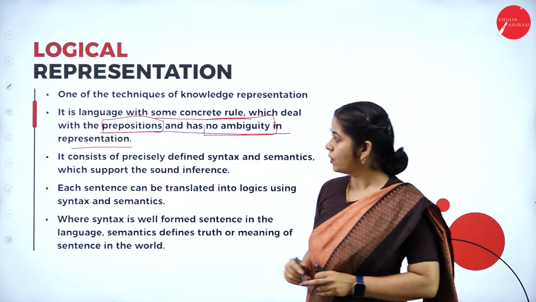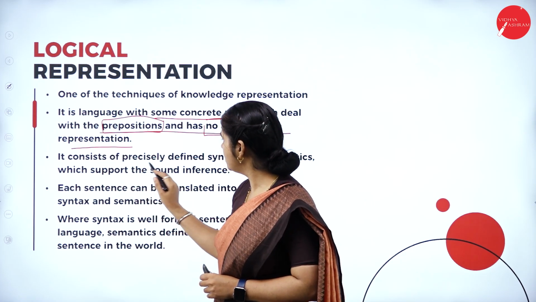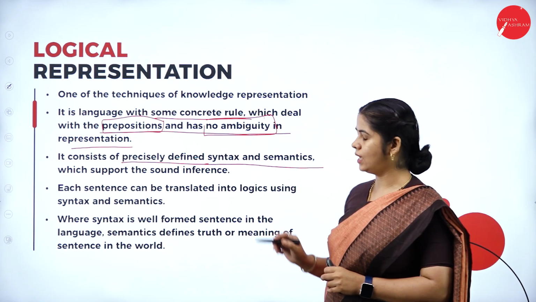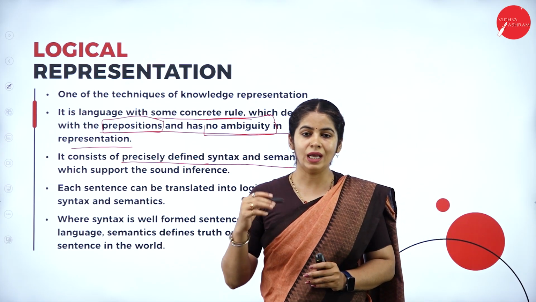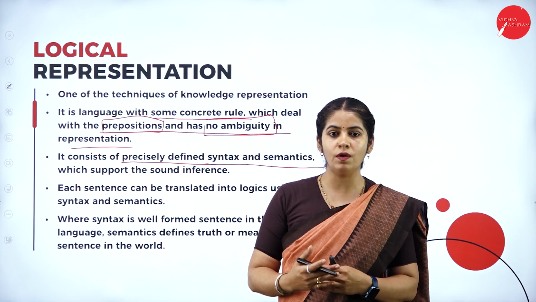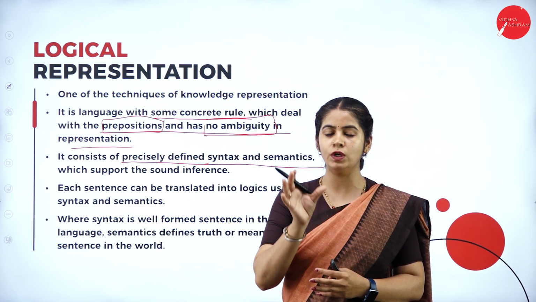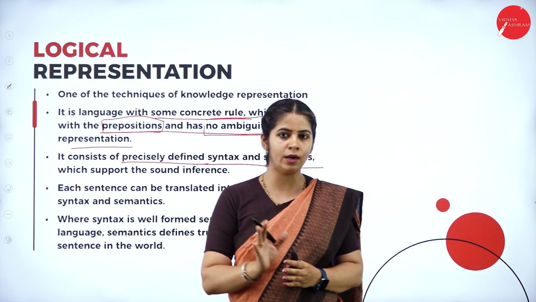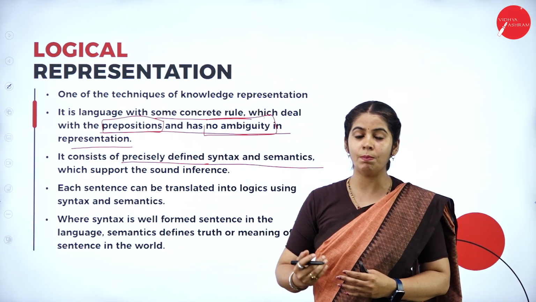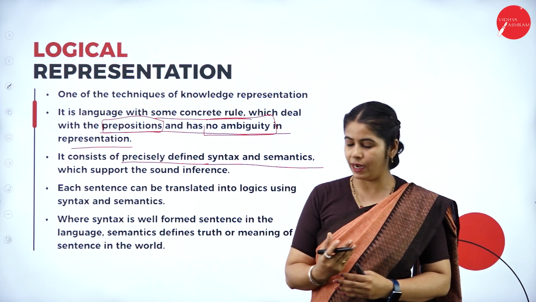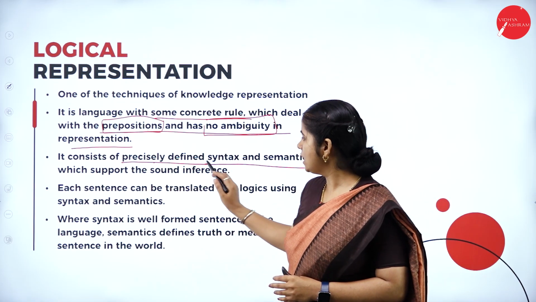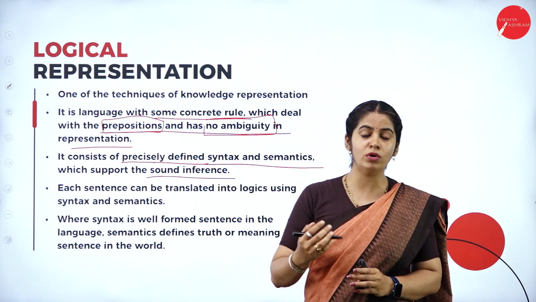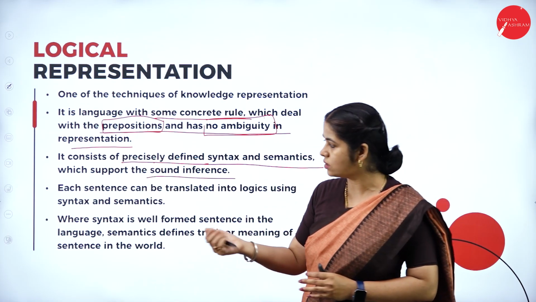Okay, then it consists of a precisely defined syntax and semantics. Knowledge representation consists of what? A precisely defined syntax. We should follow the particular syntax when representing the knowledge in logical representation, and follow some semantics to make it understandable. It has a precisely defined syntax and semantics which supports sound inference, which supports the inference systems we have discussed already.